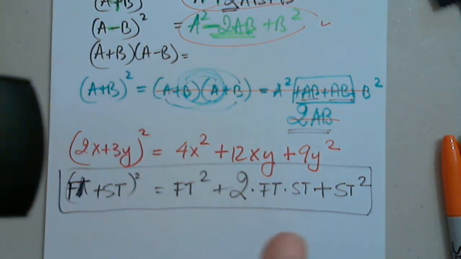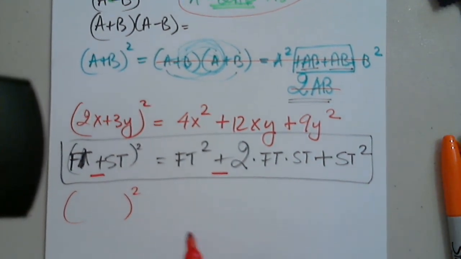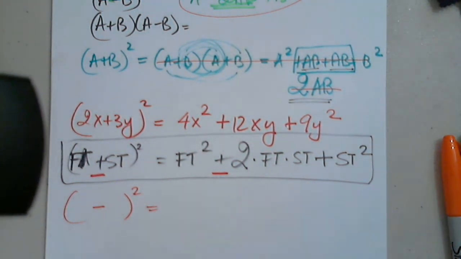First term squared plus twice the product plus the second term squared. And of course, if this is minus, then this will be minus. So can anyone quickly give us an example with a minus, and also give us the expanded form without having to FOIL? We want to move away from foiling.